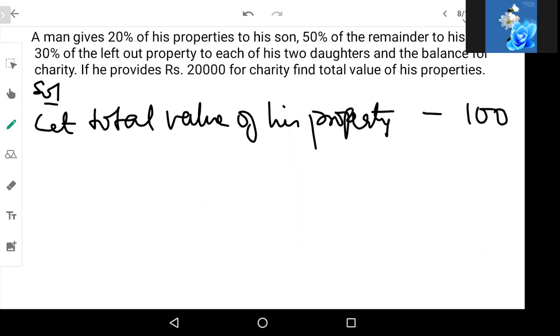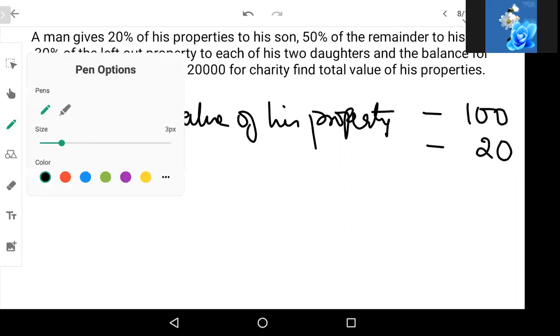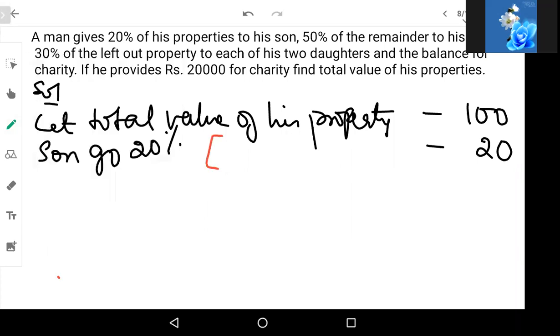Total value of his property is 100. Now, out of that 100, he is giving his son 20%. So the son got 20%, which means 20. On 100, if we calculate 20%, that will be 20. If you want, you can write here in the bracket 100 into 20%.